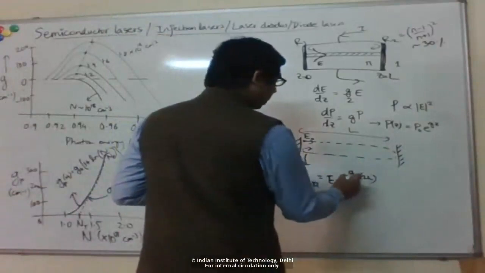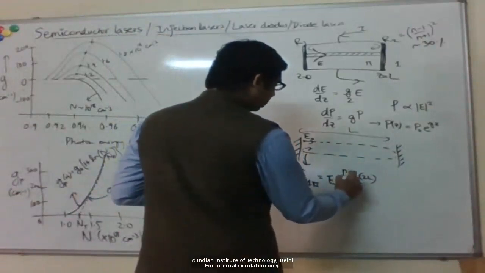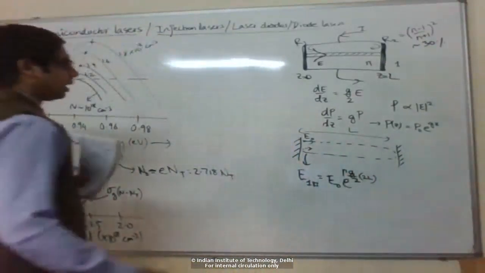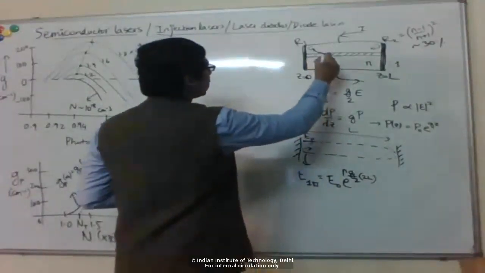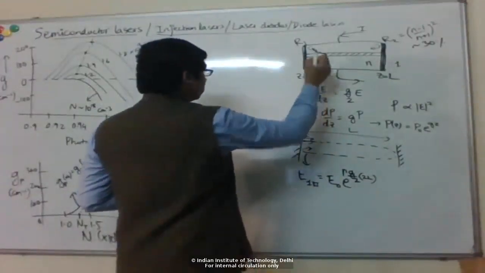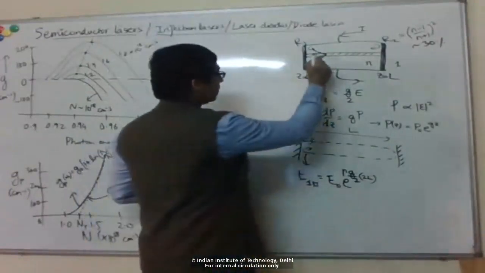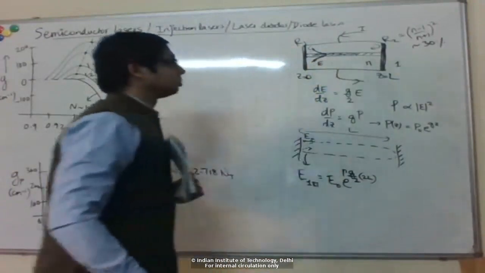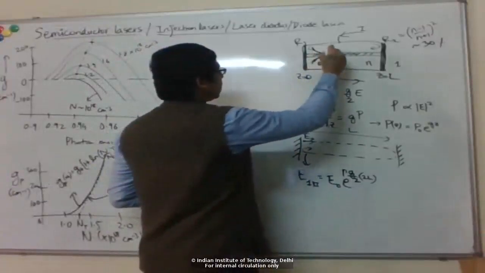And then we include another factor here actually, capital gamma along with g times L. That gamma is telling me the confinement factor of the mode. The light emission and the amplification is happening only in this active region here, but you can see that the mode is extending out into the PN regions.